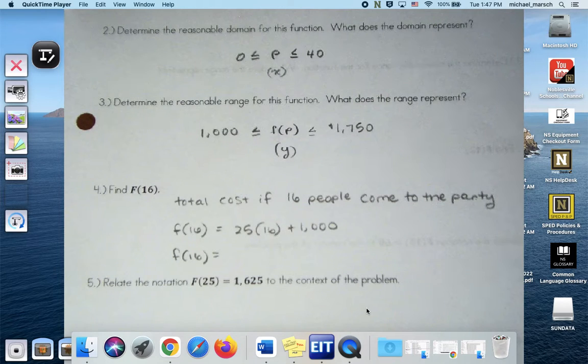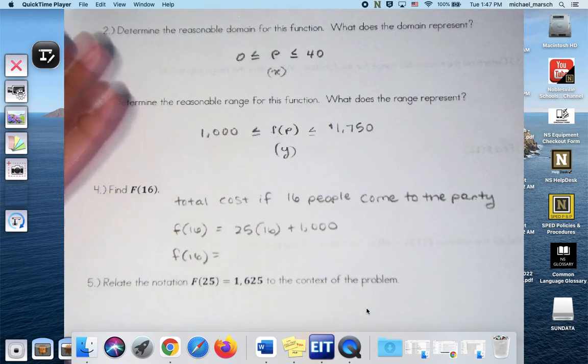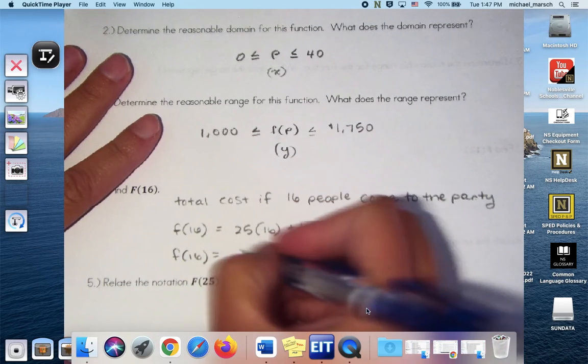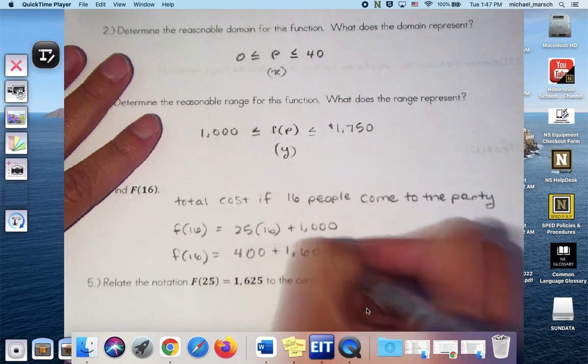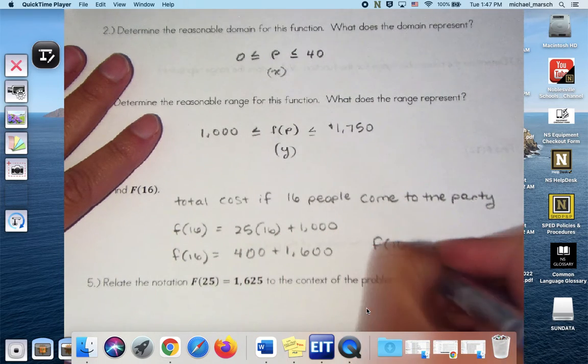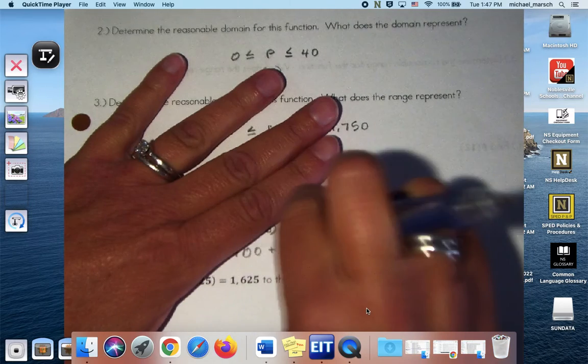Well, what's 16 times 25? Think quarters. Like how many dollars is in 16 quarters? 4, right? So that's going to be 1,000. Well, 400, right? I don't know why I put a 6 there.